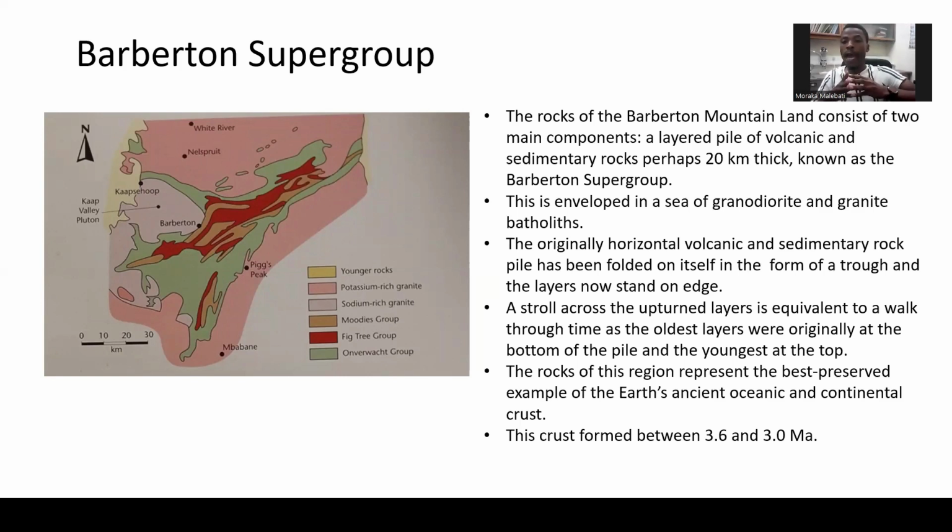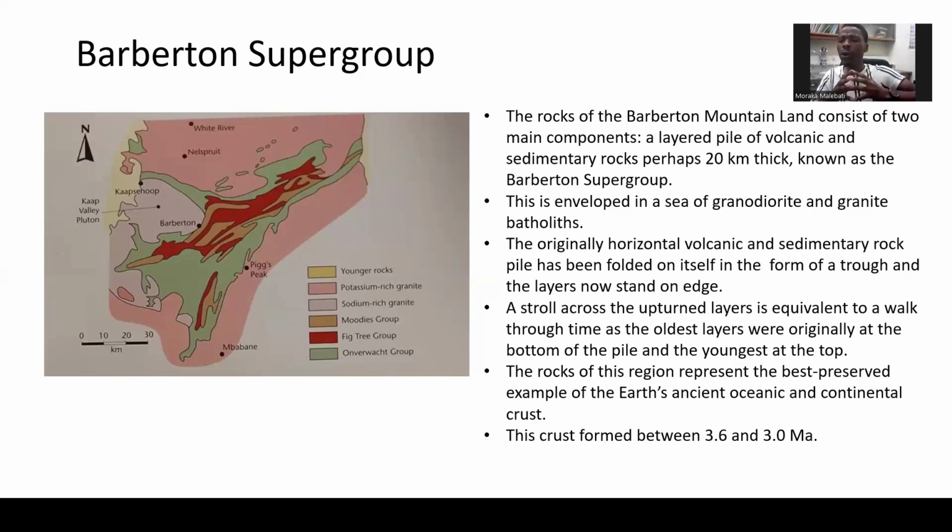The rocks of the Barberton mountainland consist of two main components: a layered pile of volcanic and sedimentary rocks, perhaps 20 kilometers thick, known as the Barberton Supergroup, which is why I'm saying that this supergroup comprises three groups.